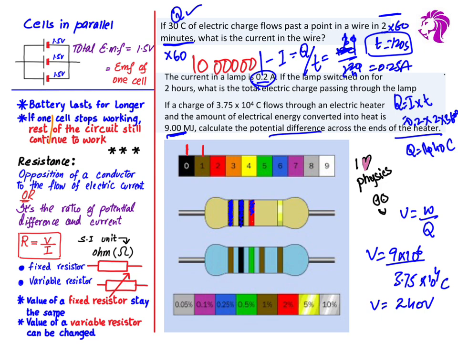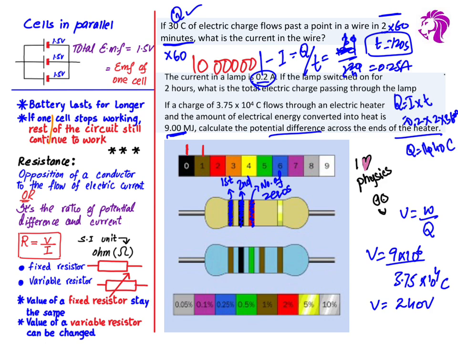How many bands? 3 bands, right? And each band will represent a specific value. The first band represents the first digit, the second band tells you the second digit, and the third band tells you the number of zeros. So with different colors of the bands, I can make a resistor of different value.